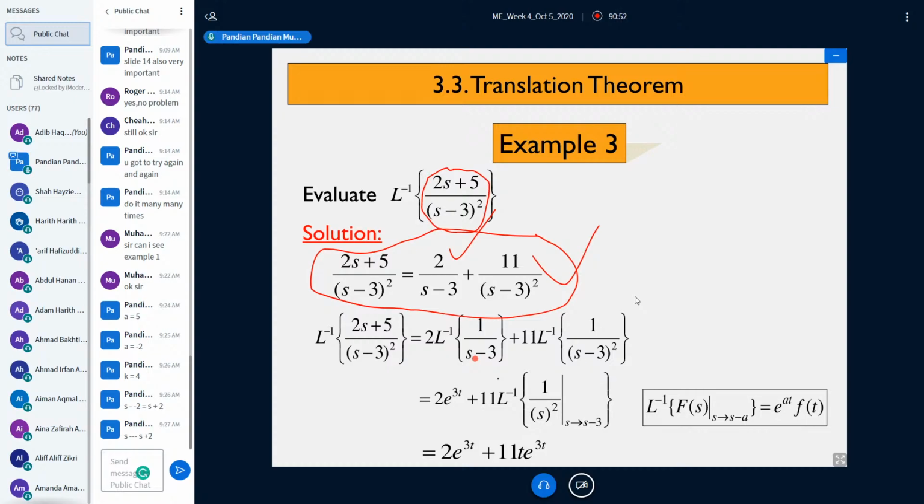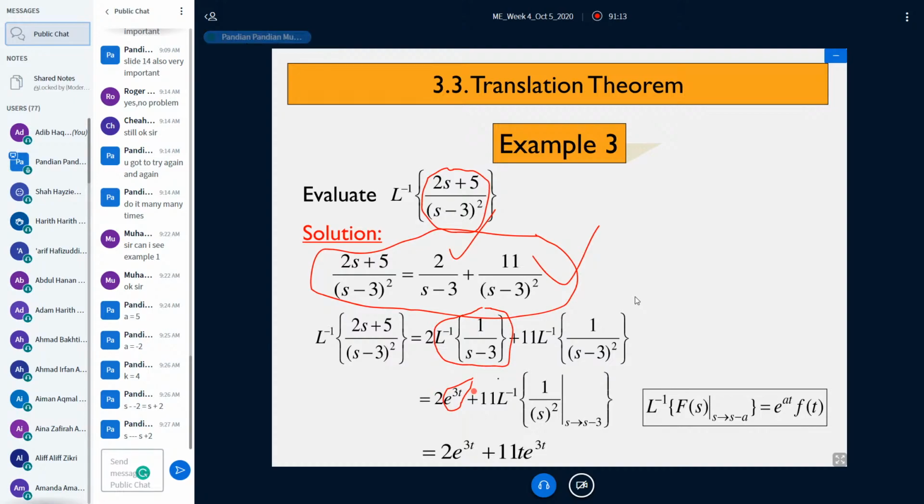Of course, you can go to the inverse Laplace formula, that is 3.2, slide number 5: e^(at) is the inverse Laplace of 1 over s minus a. This is e^(3t).